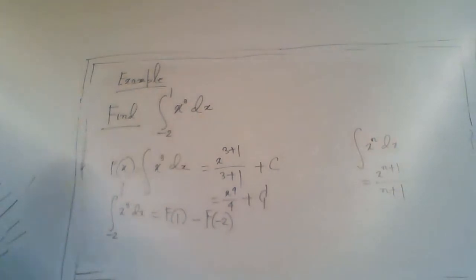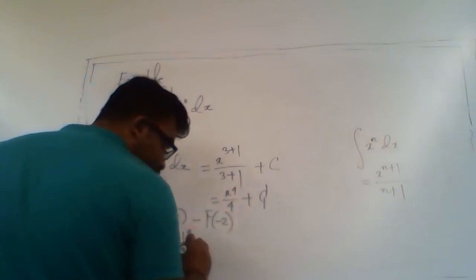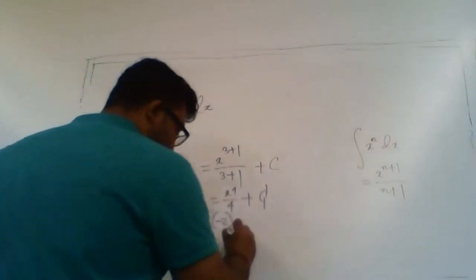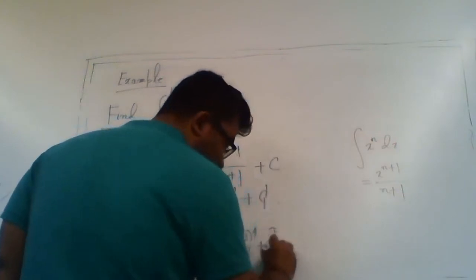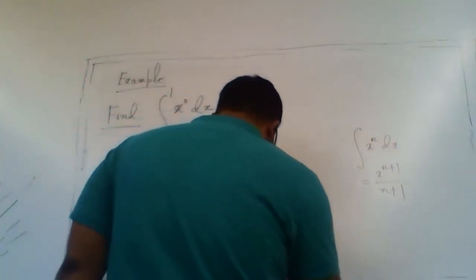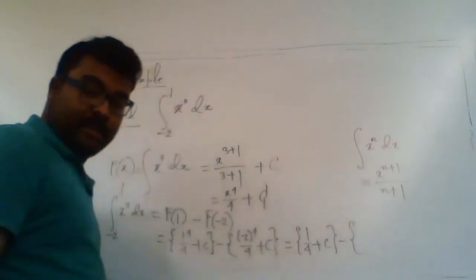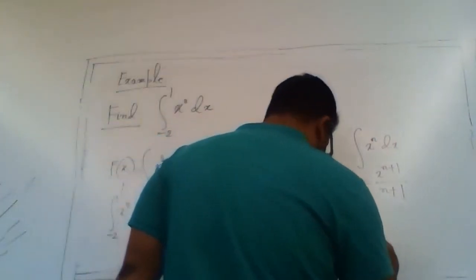So that is, if you put 1 here, you get 1 to the power 4 by 4 plus c. If you put minus 2 here, you get minus 2 to the power 4 by 4 plus c. If you simplify this, you get 1/4 plus c minus, 2 to the power 4 is 16 by 4 plus c.